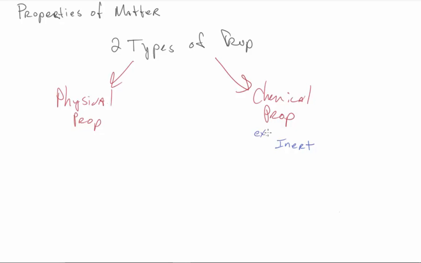Okay, so now let's jump on to the physical property side. So physical properties are just going to be our physical descriptions of our matter. Now, I'm going to go ahead and clear the screen here, and I'm just going to focus on physical properties, because physical properties we can actually delineate into 2 different types.